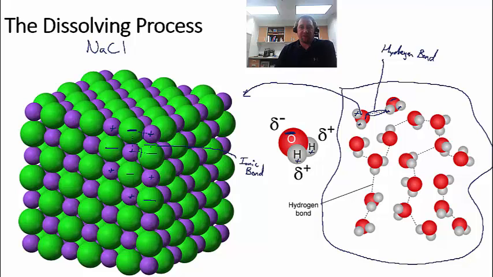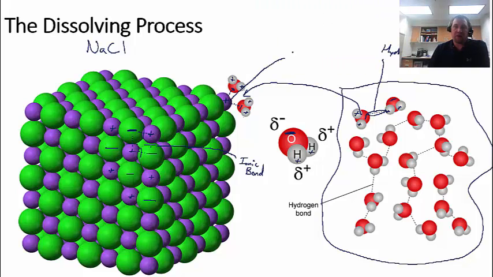So here's what actually happens in the dissolving process. Water molecules will start to interact with the outermost ions in this crystal. Remember, this sodium is positively charged, and the water is negatively charged on that end, positively charged here and here. So it'll actually form these little bonds, and more waters will jump in there and start to pull at those ions, so to speak.